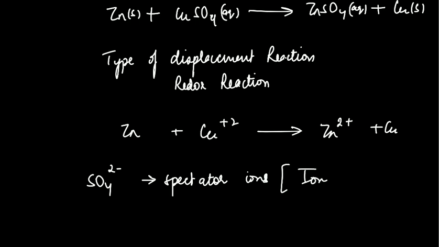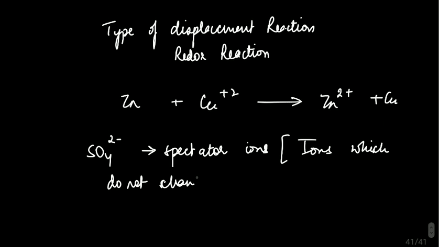We can define spectator ions as ions which do not change in a chemical reaction.